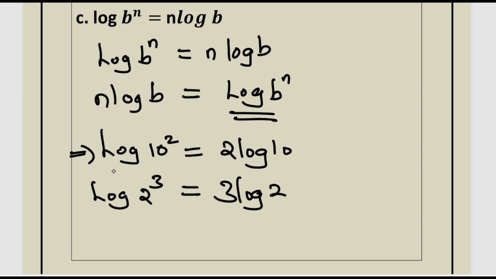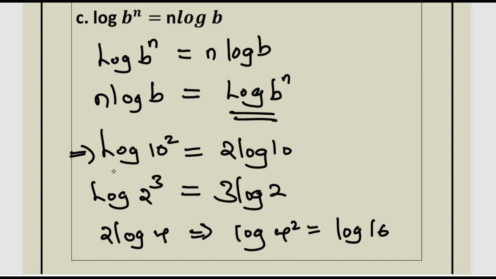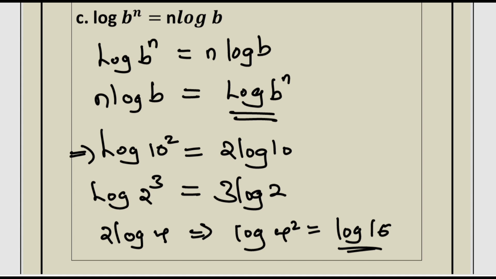Or if somebody gives you 2 log 4, you can write this as log 4 squared, which you can simplify to give you log 16. So now be ready to apply this concept, because some situations will always require you to understand how to play around with this kind of concept. Log b power n is equivalent to n log b.